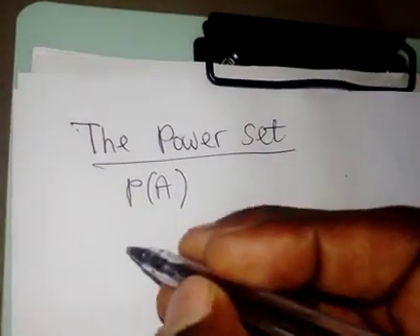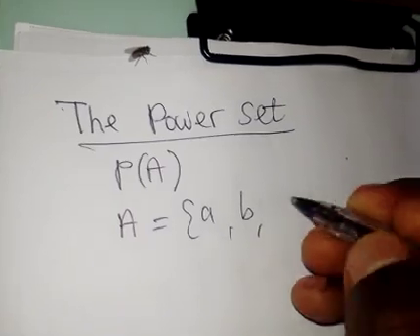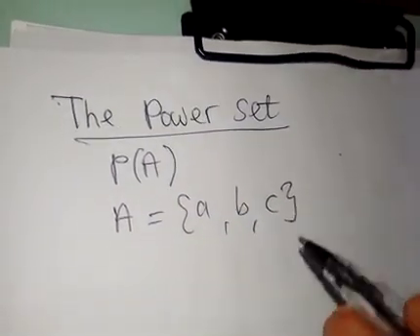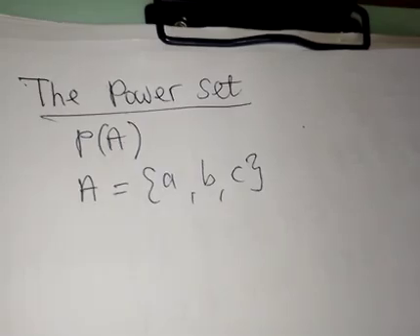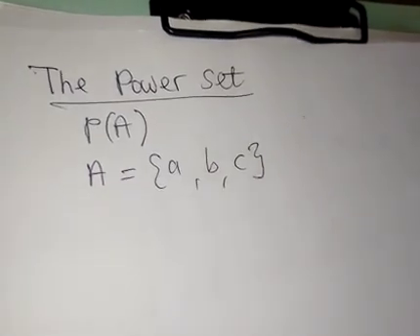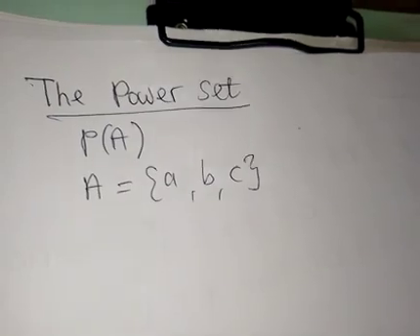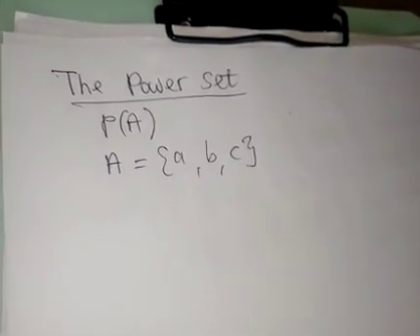The power set of a set is simply a class of all subsets of set A. So it's simply a collection of all the subsets of a given set. Let's say we have been given a set A equals {a, b, c}. It's possible to list all the subsets of set A, and when those subsets are listed in one set, that one set will be called a power set.